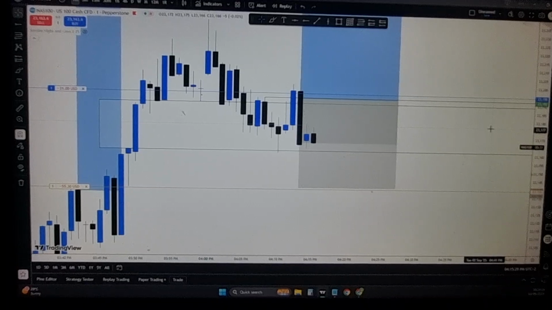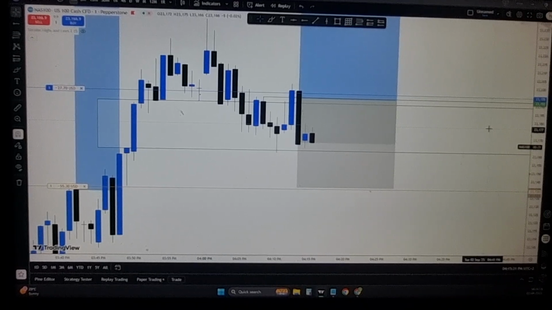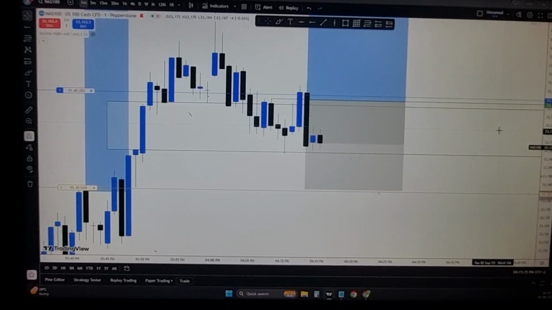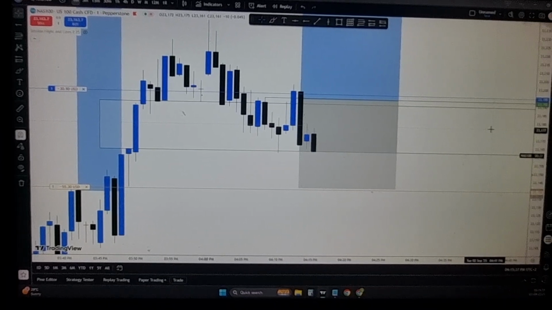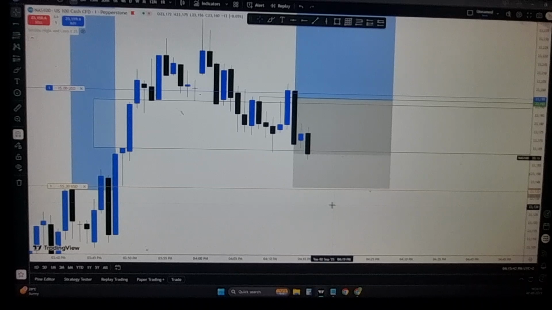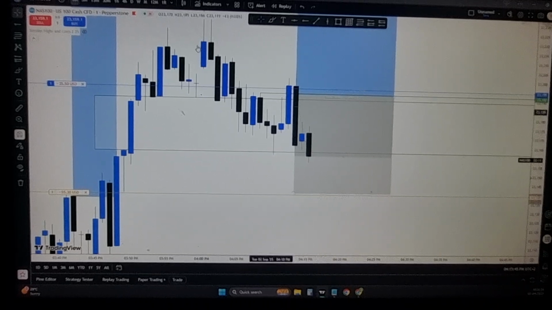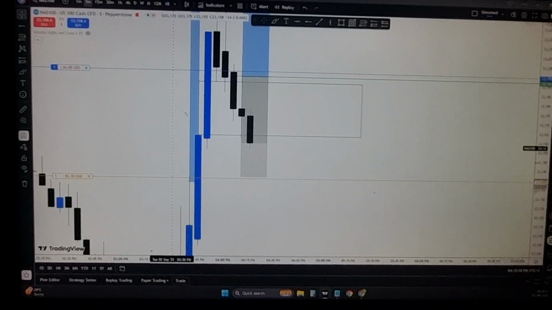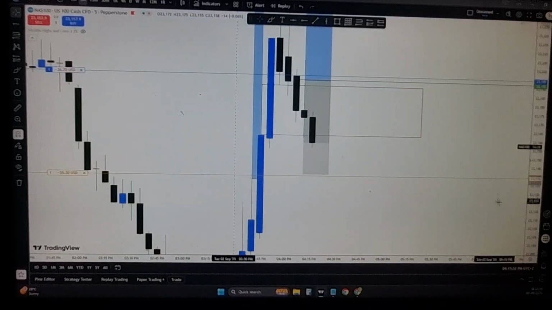Not entering with big lot sizes. Okay. Stop loss 1, got it.